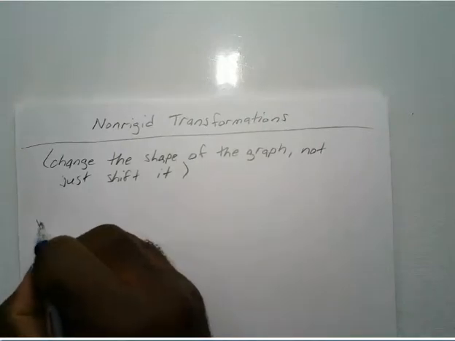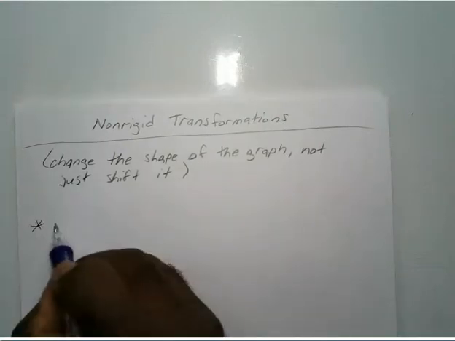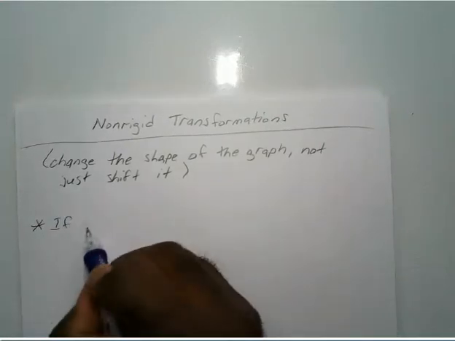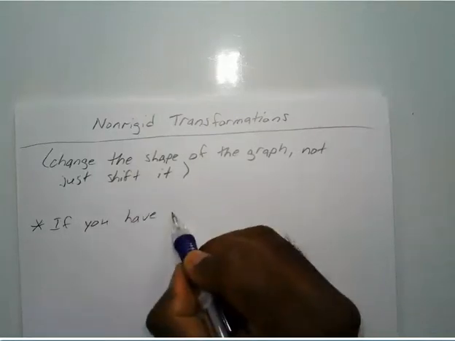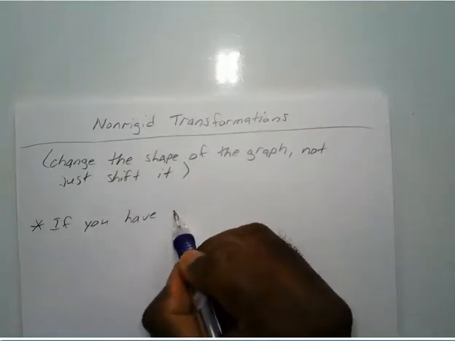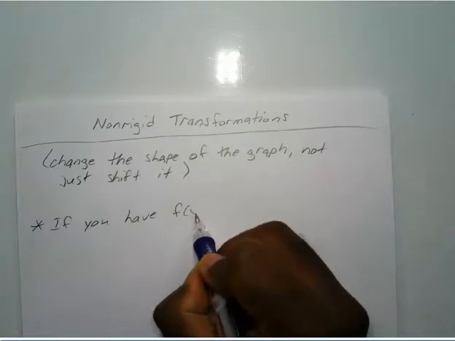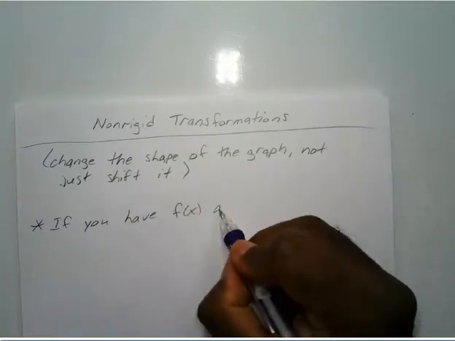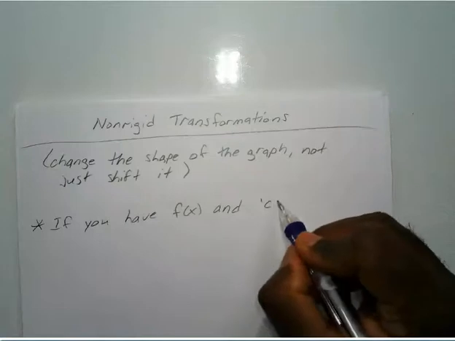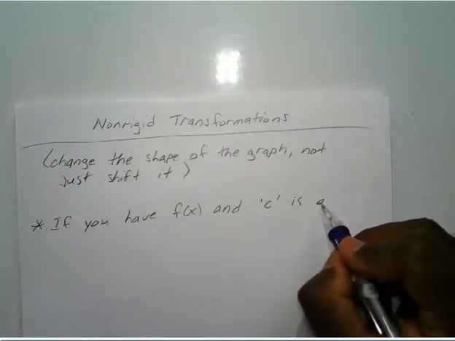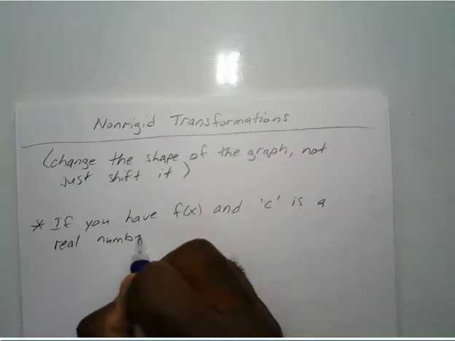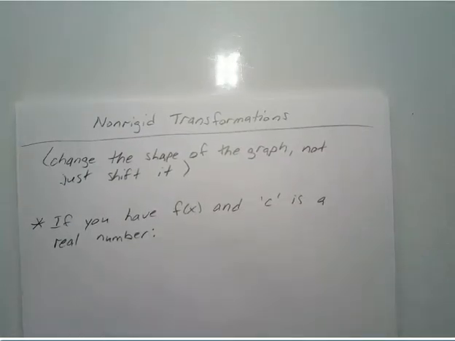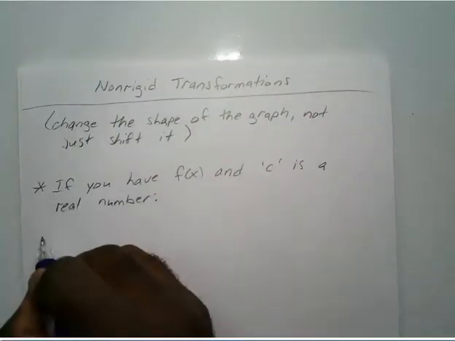Okay, and we do that by looking for one thing. If you have f of x and some value c is a real number, these are the things you want to look for.